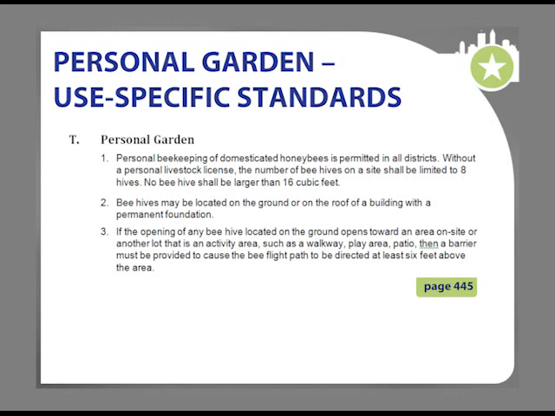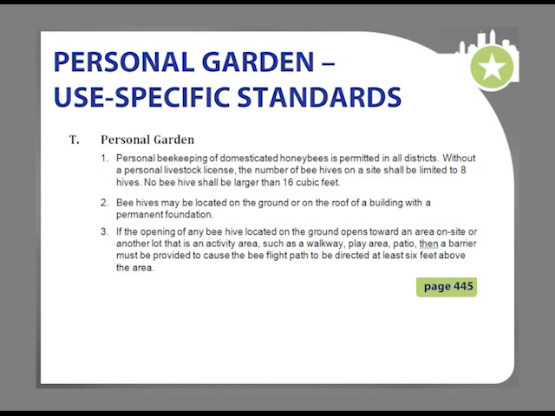We've indicated that these personal beehives may be located on the ground or on the roof of a building with a permanent foundation. So you can place them on the ground or on the roof of a building.